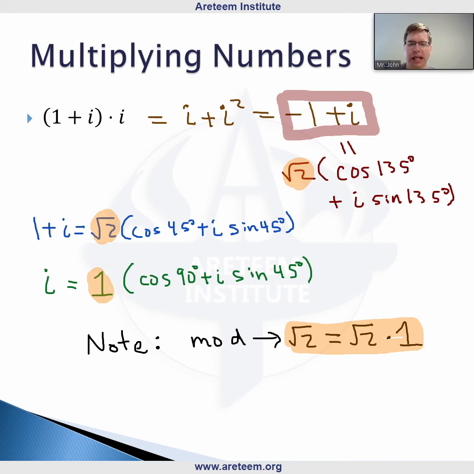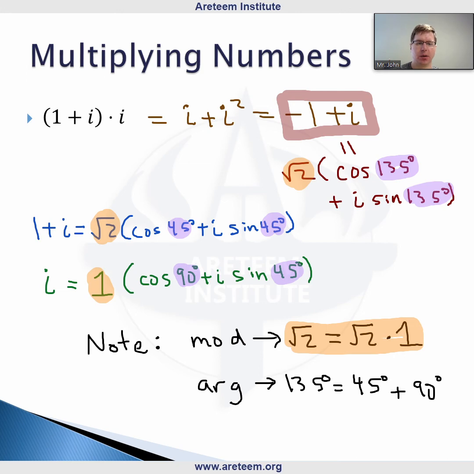What if we start looking at the arguments, the angles in this case? So if we have 135 degrees, this is a little bit different, but hopefully everybody sees here that that is 45 degrees plus 90 degrees. So we have a slight interesting thing happening. It doesn't work maybe exactly how we might expect it at the beginning, but this argument here is coming from adding up the different arguments in our original expression.